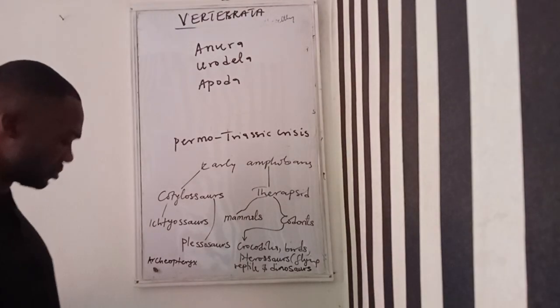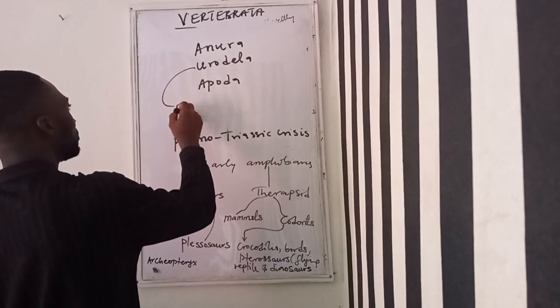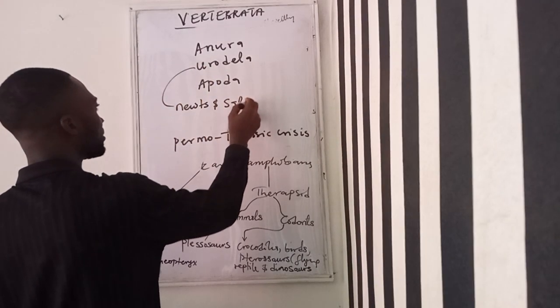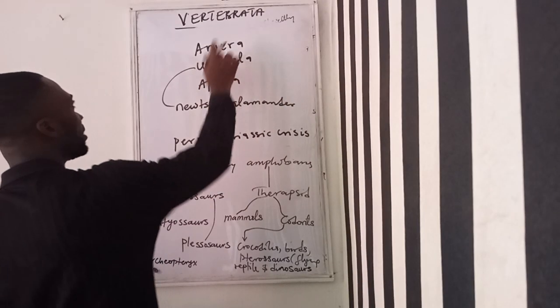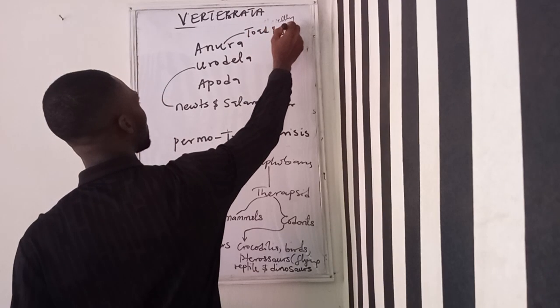Then we have newts and salamanders under Urodela. So this one is toad and frog.